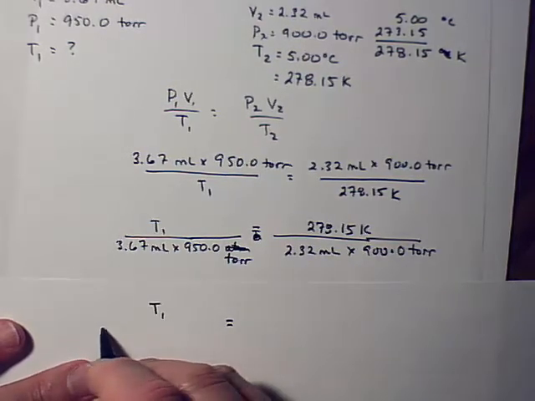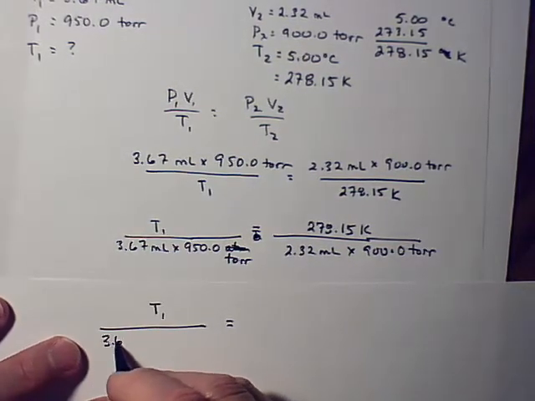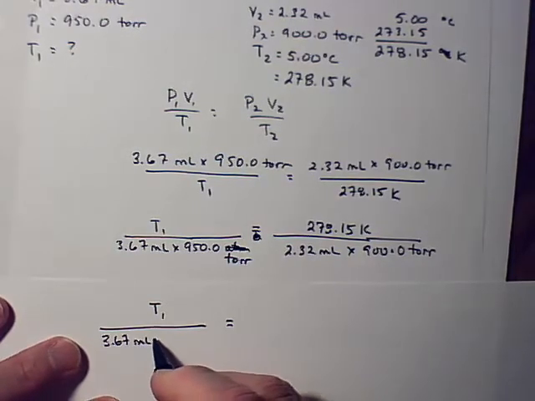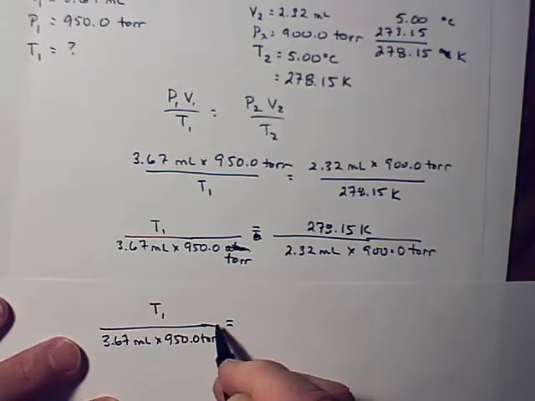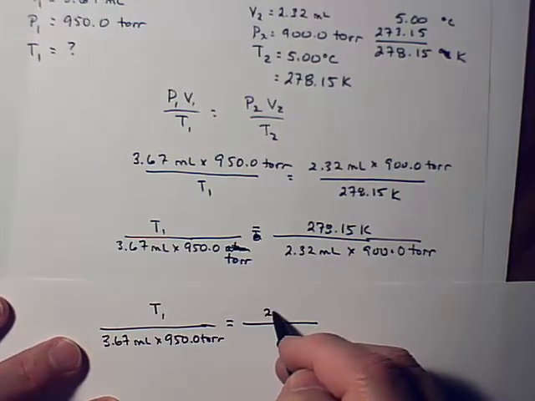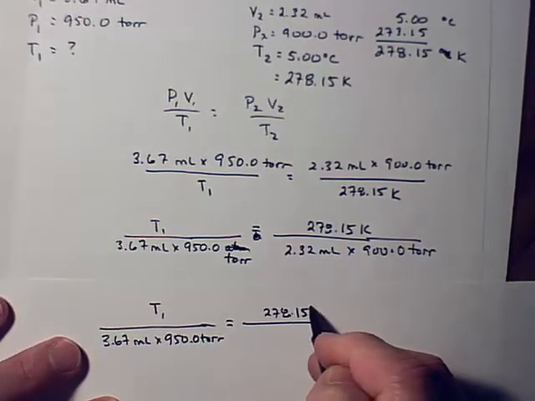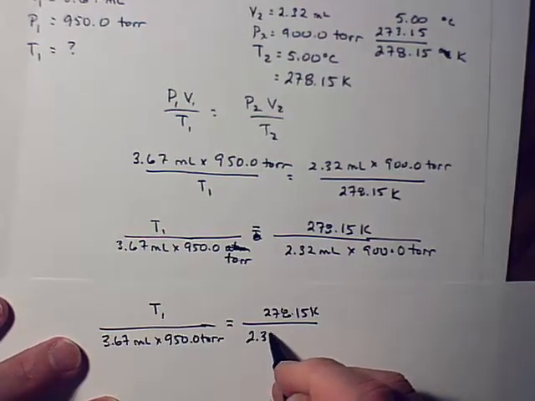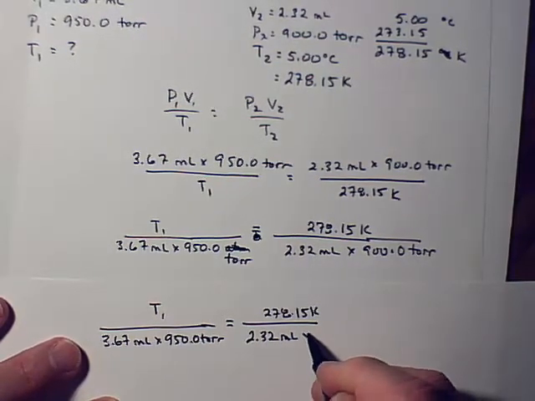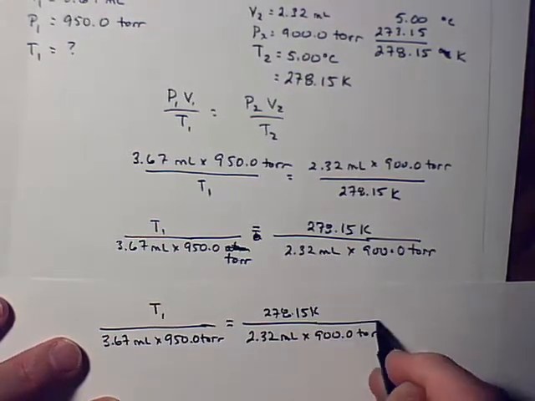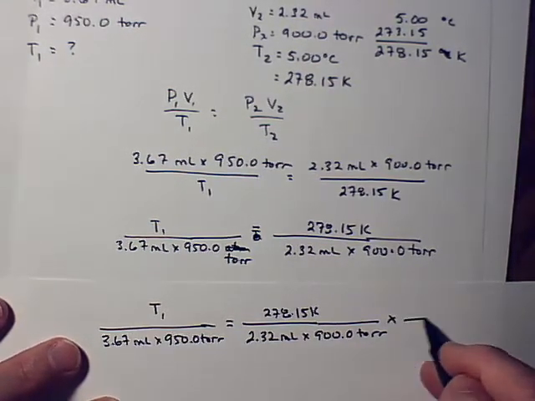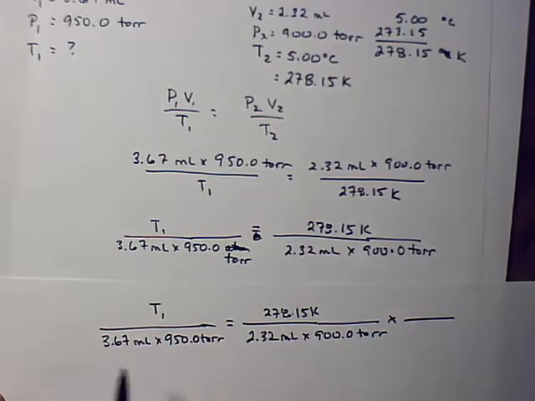T1 on the top. 3.67 milliliters times 950.0 torr. Over here we're going to put 278.15 K over 2.32 milliliters times 900.0 torr. Now maybe you write really, really small. You don't need to put it on the paper like this, but I don't write so small like that.